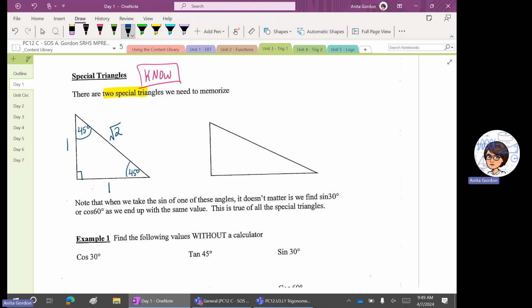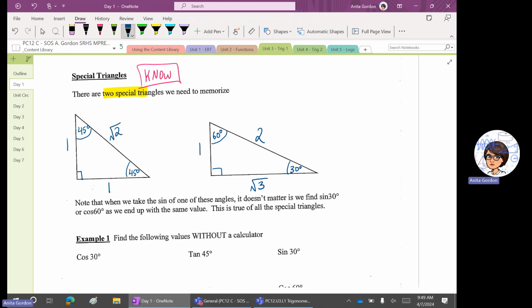The other one is where we have, again, a 90-degree triangle where the small angle is 30 degrees and the large one is 60 degrees. And we have the hypotenuse is 2 and the short leg is 1 and the longer leg is root 3. Now, again, root 3 is smaller than 2. Always remember that the hypotenuse is the longest length. So please don't put a root 3 there. I know 3 looks bigger than 2, but it's root 3.